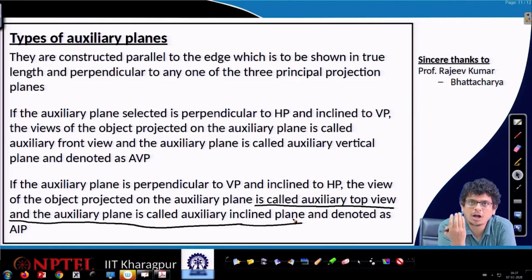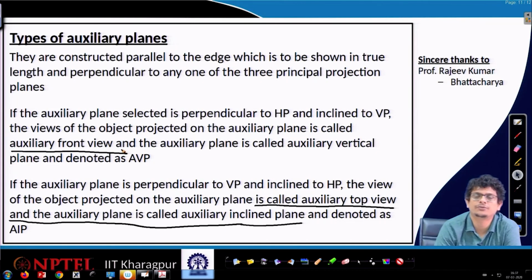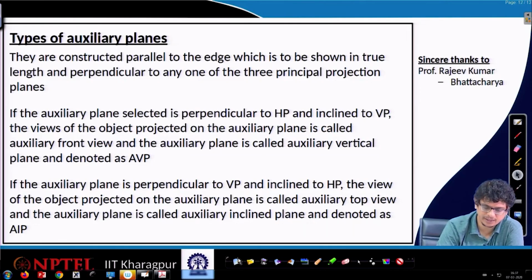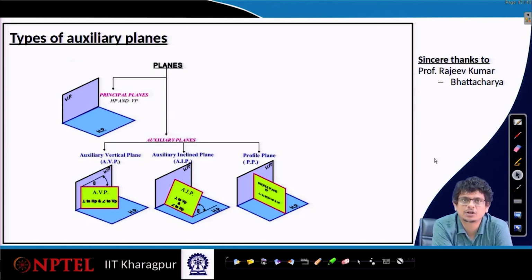So, for an auxiliary vertical plane, the projections we achieve are called auxiliary front views, and for an auxiliary inclined plane, the projections we get are auxiliary top views. If we generalize this entire concept of planes, mainly we have principal planes.